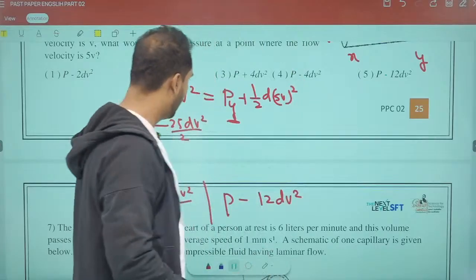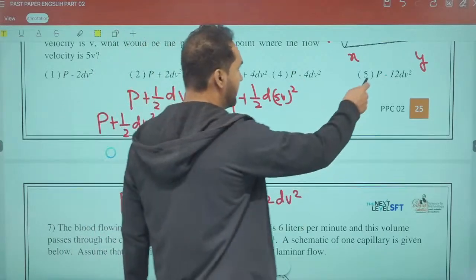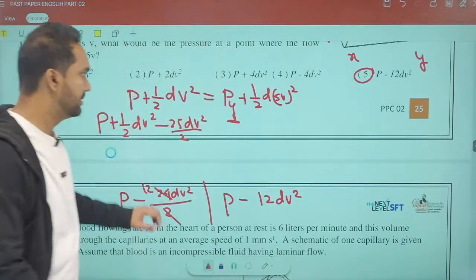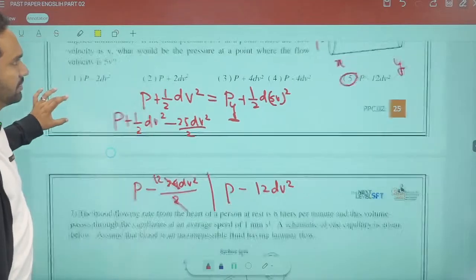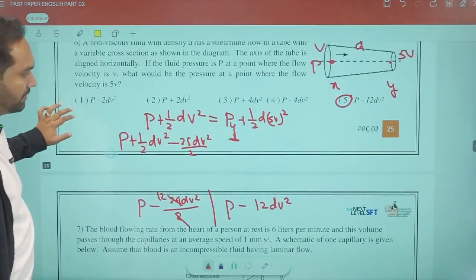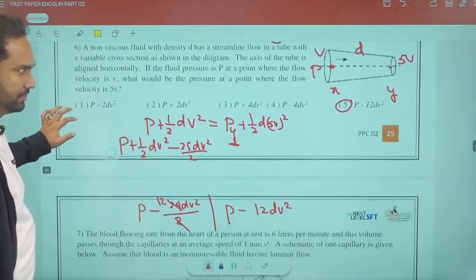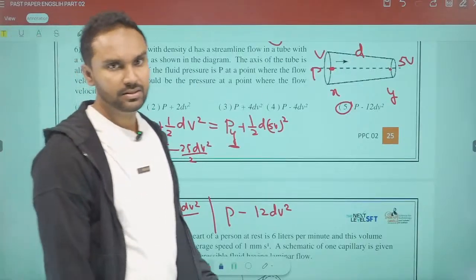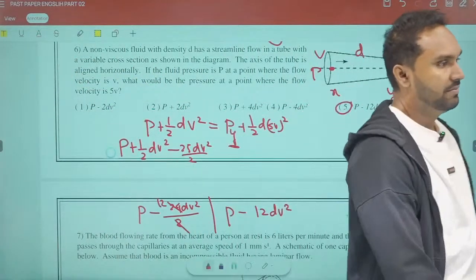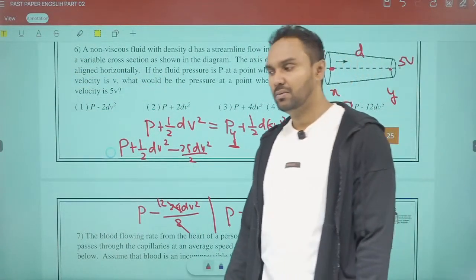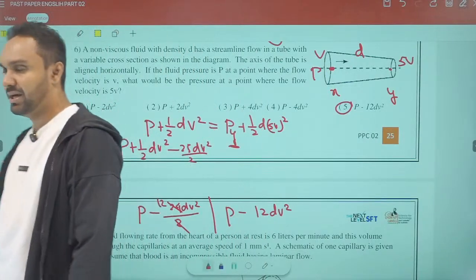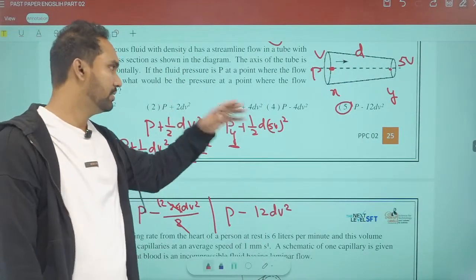So what we actually did was put Bernoulli's and got the answer on the way. This is how you actually face the questions, just try with something, right? If you know how the real application works, you already know how Bernoulli's works.